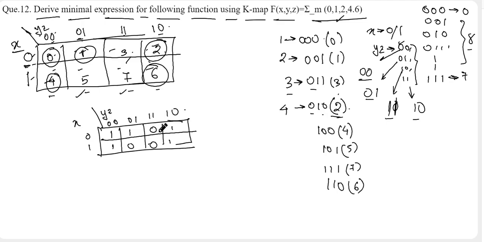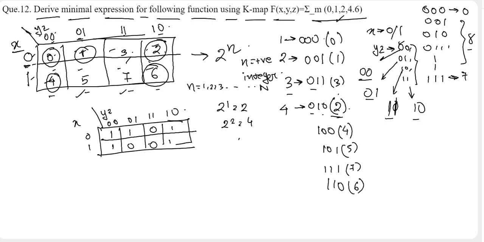Now the next thing we will do is grouping. Now we have to make a group of 1s, and we have to make sure that the group size is of the order of 2 to the power n, where n is a positive integer. So if we put 1 in the place of n, 2 to the power 1 will be 2, 2 to the power 2 will be 4.